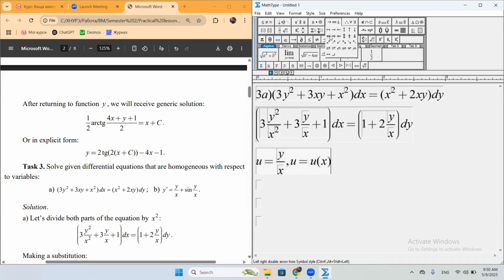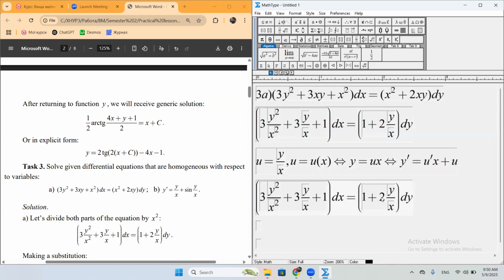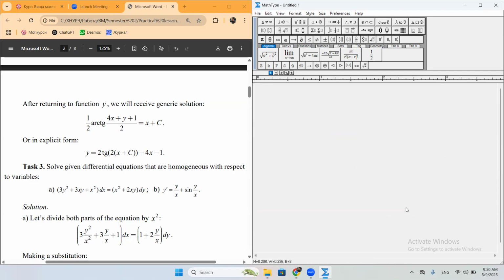Then y equals ux, and y prime equals u prime x plus u. We will substitute everything here. Let me rewrite this equation with dy over dx.